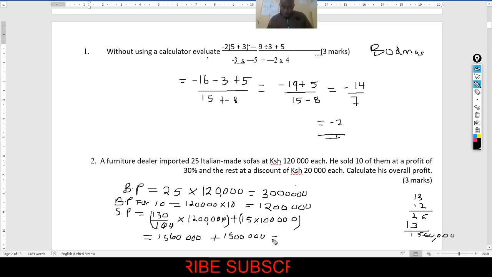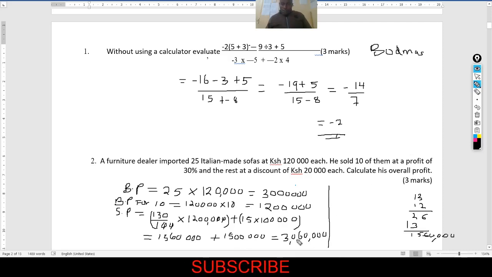You add the two to get the selling price, which gives you 3,060,000. This is the total selling price.